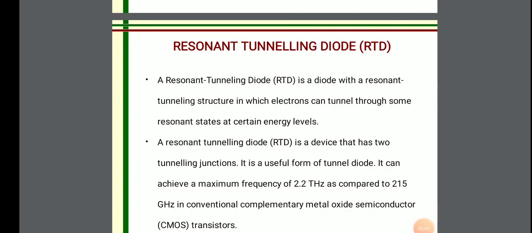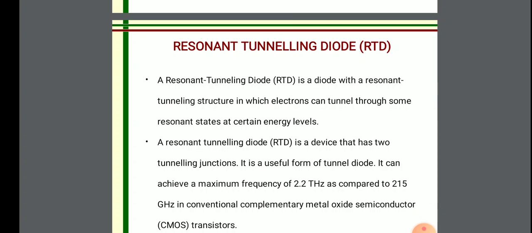Now we are going to see the topic resonant tunneling diode, or RTD. It is a diode with a resonant tunneling structure in which electrons can tunnel through some resonance state at certain energy levels. An RTD is a device that has two tunneling junctions and it is useful as a tunnel diode.